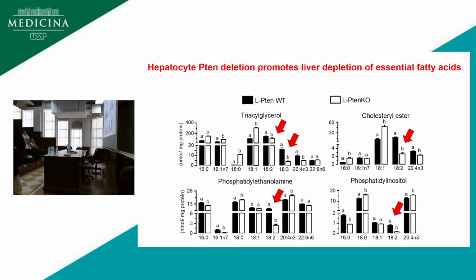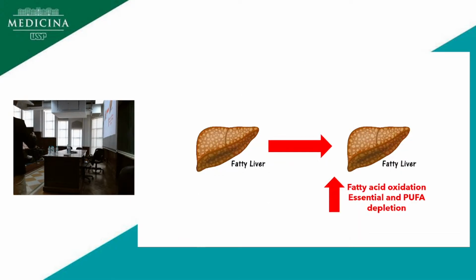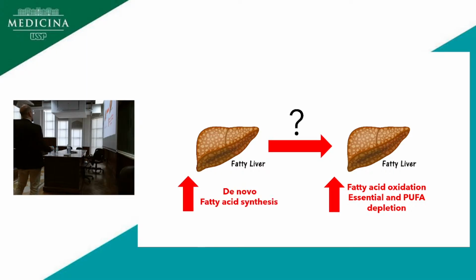So this seems to be an important and common feature between different models of liver disease. So the conclusion here is pretty much the same as the one that I showed for the lipodystrophic mice, but here we find this in a different mouse model in which white adipose tissue doesn't have anything to do with this. This only happens in the liver, okay?